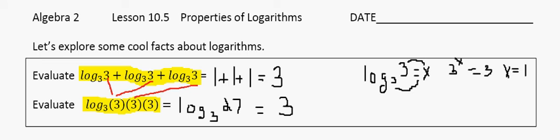If you remember correctly, what happens in exponential functions when we multiply two things with the same bases? We add the exponents. Remember, logarithms are the inverse functions of the exponentials. In logarithms, when we add logarithms with the same bases, we can bring them together and multiply the arguments.